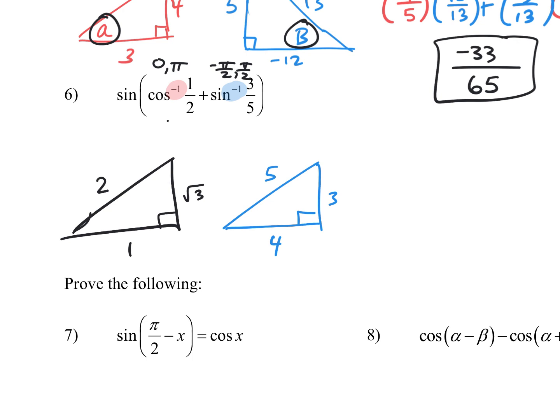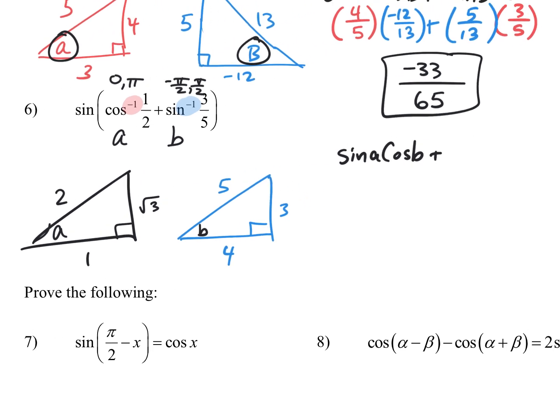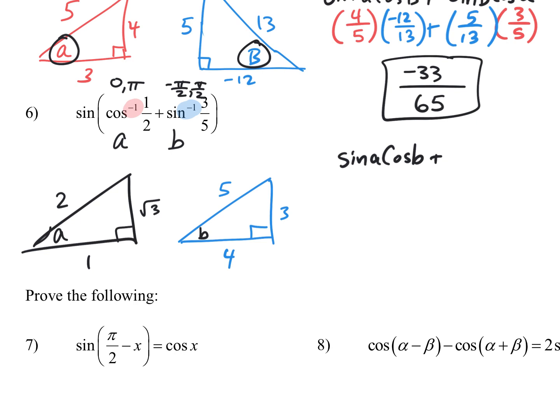Let's label these. Let's label this as A and this as B. So what I'm really finding is the sine of A times the cosine of B plus sine of B, cosine of A. Well, we have our triangles right there, so we can use those in our right triangle trig. Sine of A, root 3 over 2.